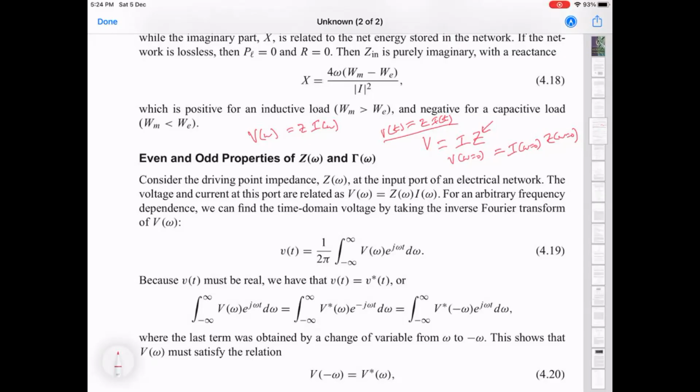Then it makes sense that I have current at a certain frequency, and the voltage at that frequency is given by just I of omega into Z. So that is also okay. But if you have the most general case, which is what we are dealing with here specifically, it's actually this which is the fundamental relationship.